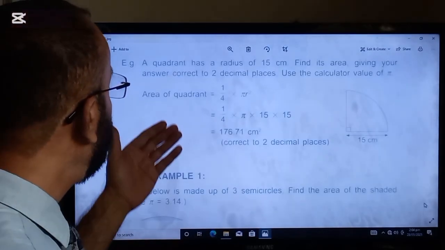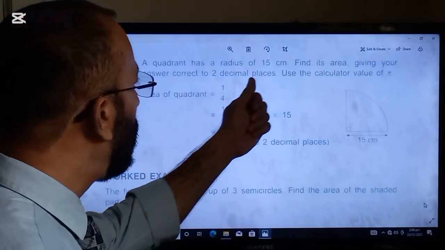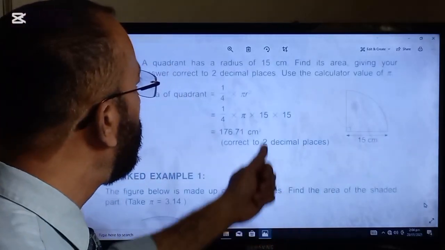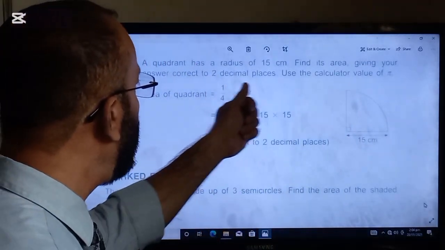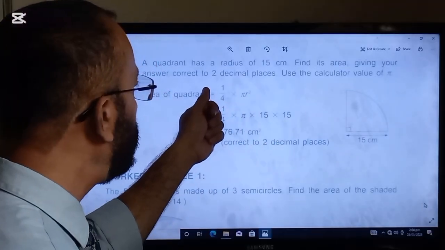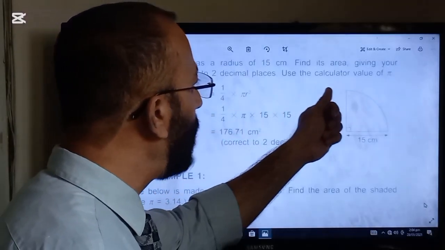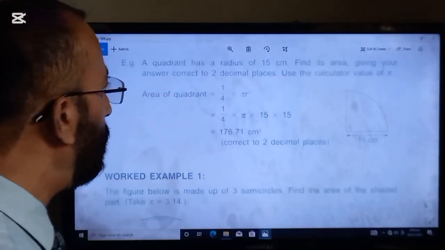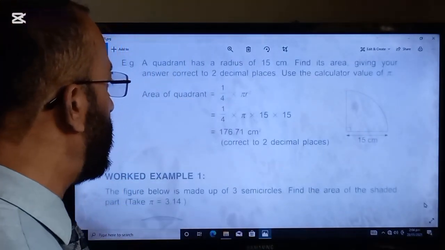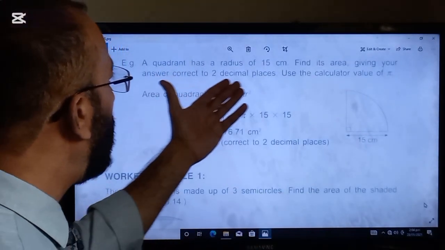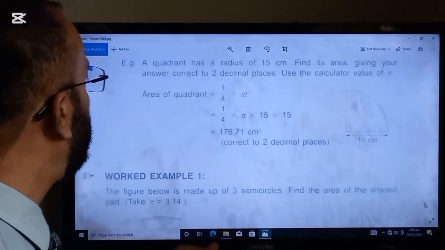Another question is here. A quadrant has a radius of 15 centimeter. Find its area. Giving your answer correct to 2 decimal places. So this is the one requirement. And second is use the calculator value of pi. So we will use the value of the calculator and answer should be in 2 decimal places. So the area of the quadrant is required.